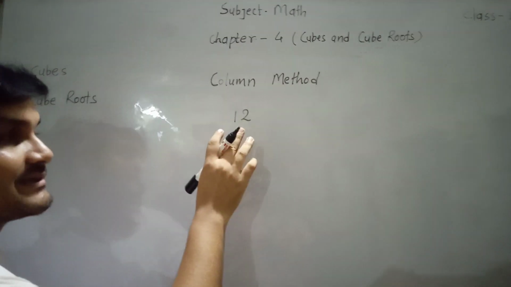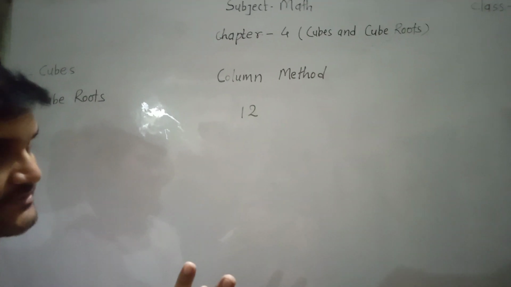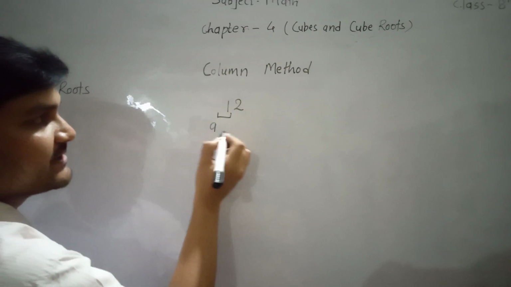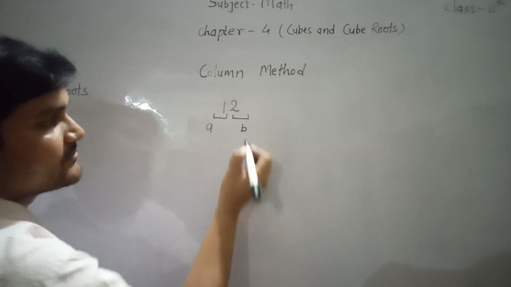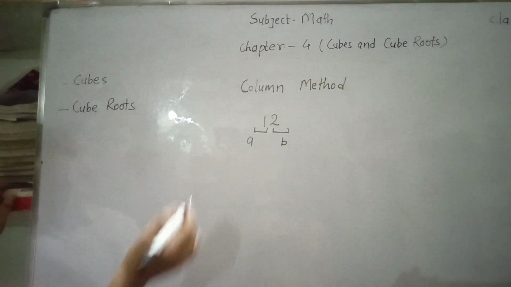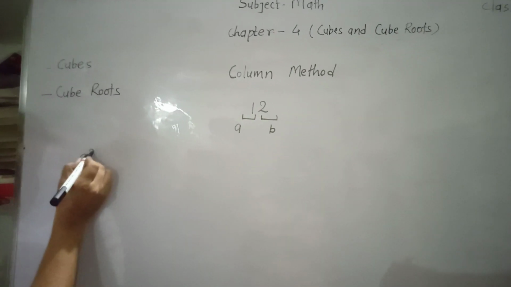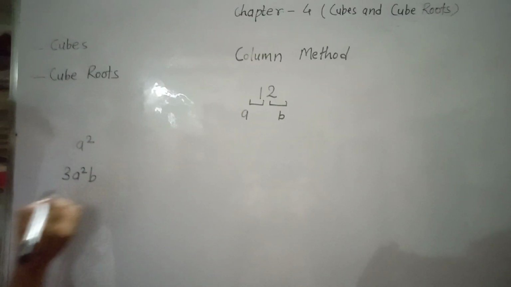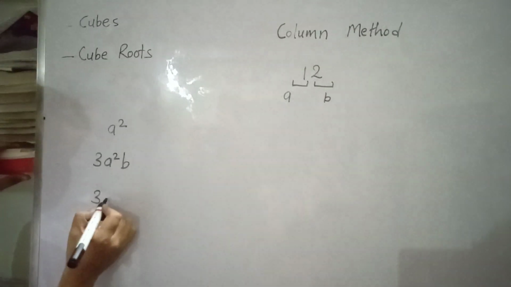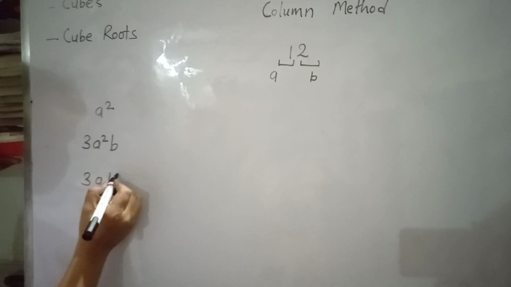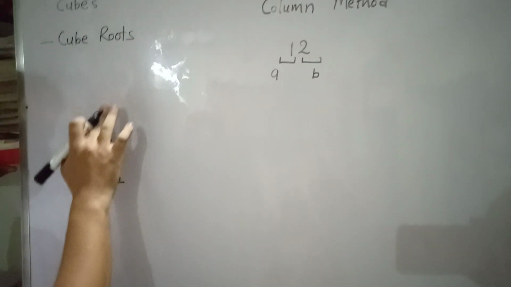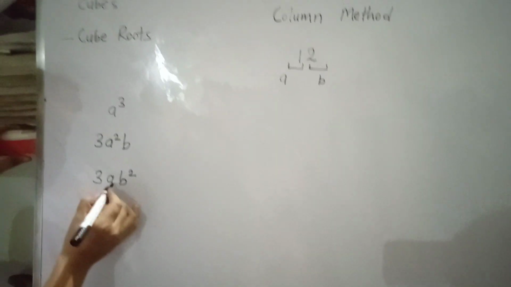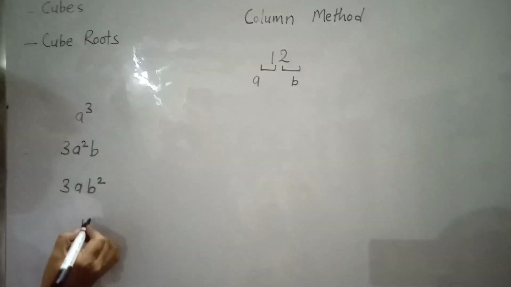So we will divide our number in 2 parts, A and B. First part will be A and the second part will be B. After that, calculate A cube, 3A square B, 3AB square, and then B cube.